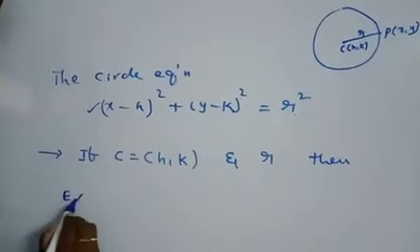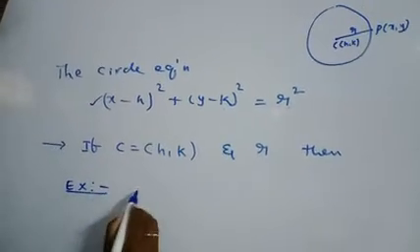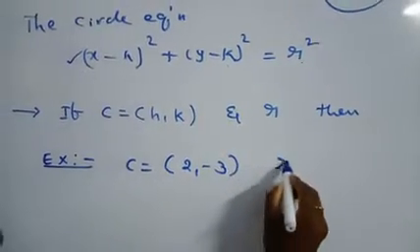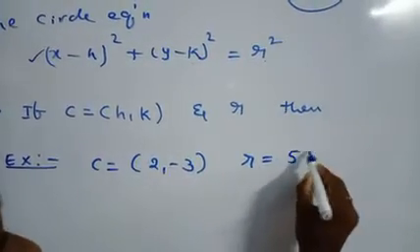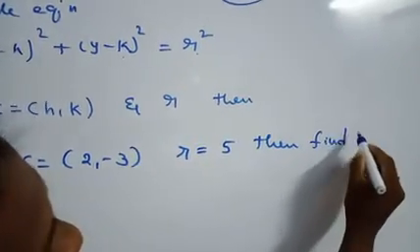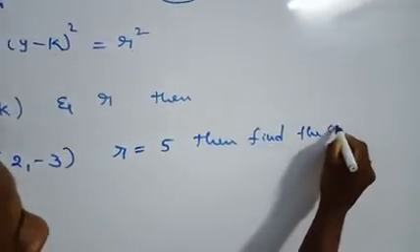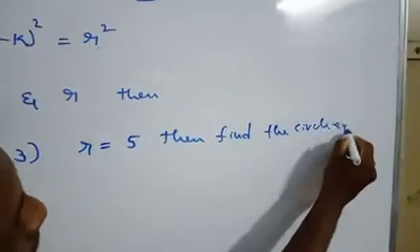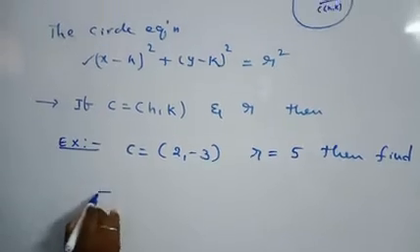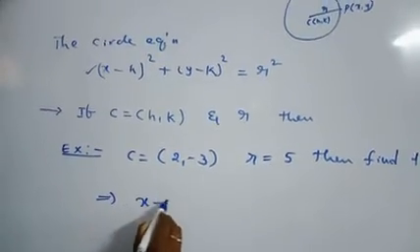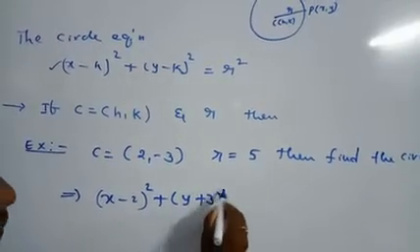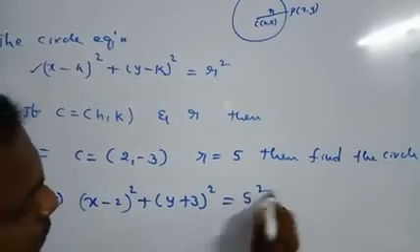For example, C is equal to 2 comma minus 3, r is equal to 5. Then find the circle equation. So substituting simply, x minus 2 whole square plus y plus 3 whole square is equal to 5 square.